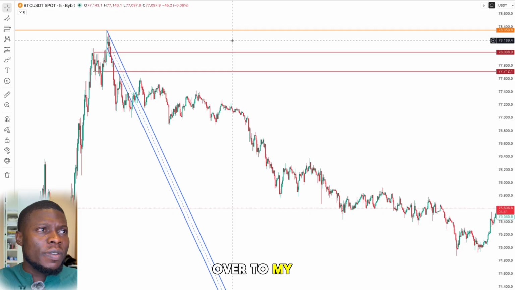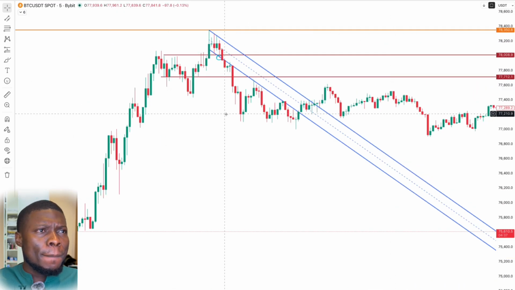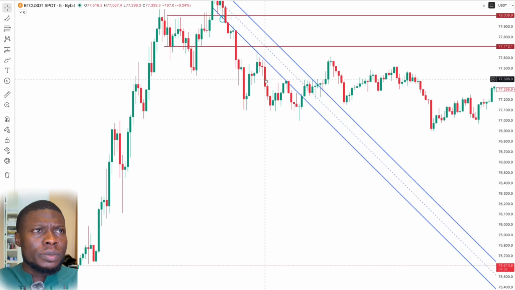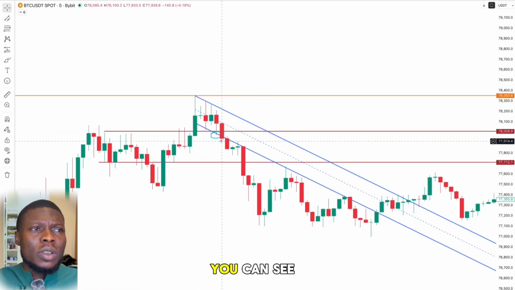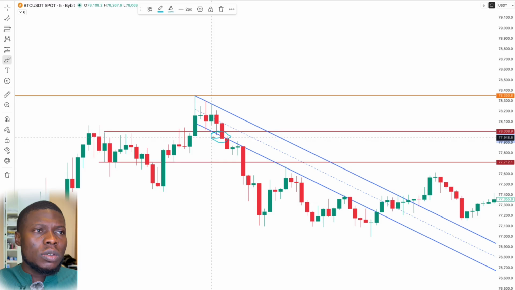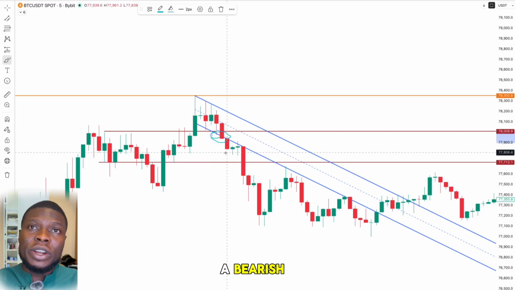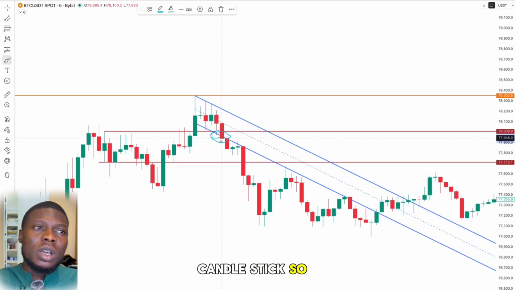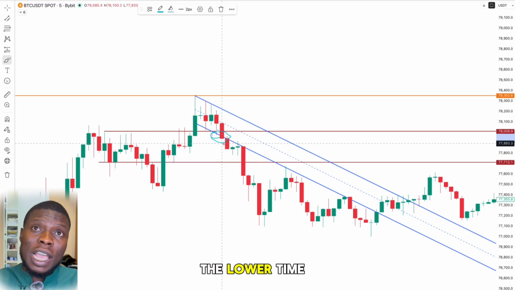When I switched over to my 5 minutes, you can see that we had a breakout at this zone. But after the breakout, the immediate candlestick is still a bearish candlestick. So 5 minutes is not a good time frame to monitor this chart on the lower time frame.